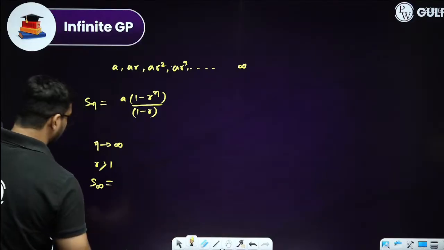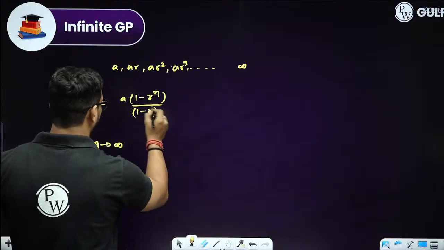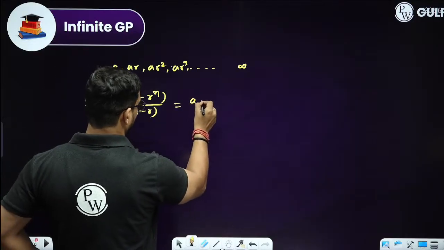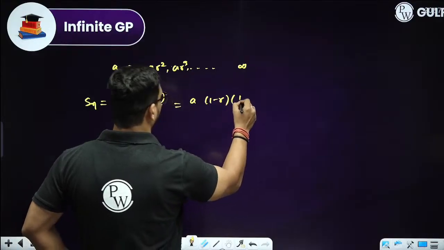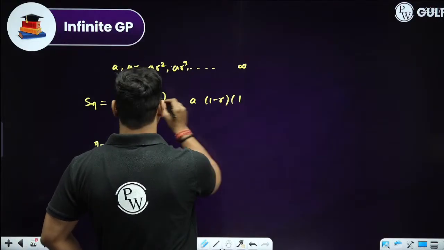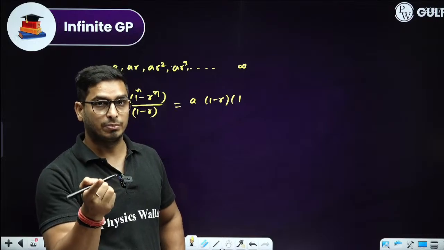S infinity. See, r is infinity, right? Can we just write this one? Guys, if you do remember, 1 minus r to the power n, it's like a to the power n minus x to the power n minus y to the power n type.